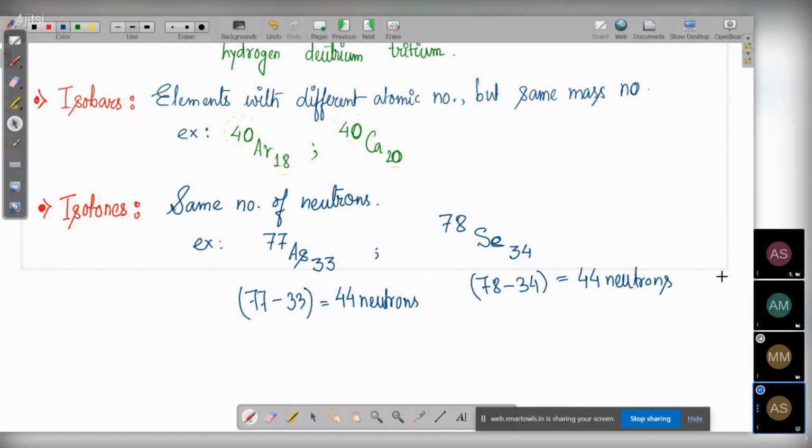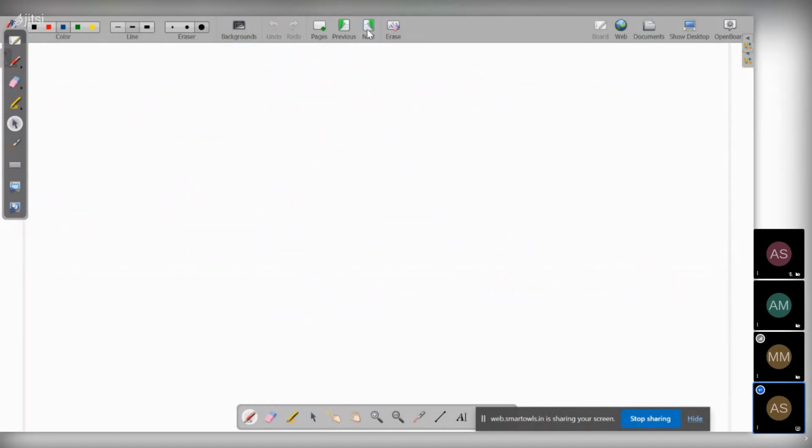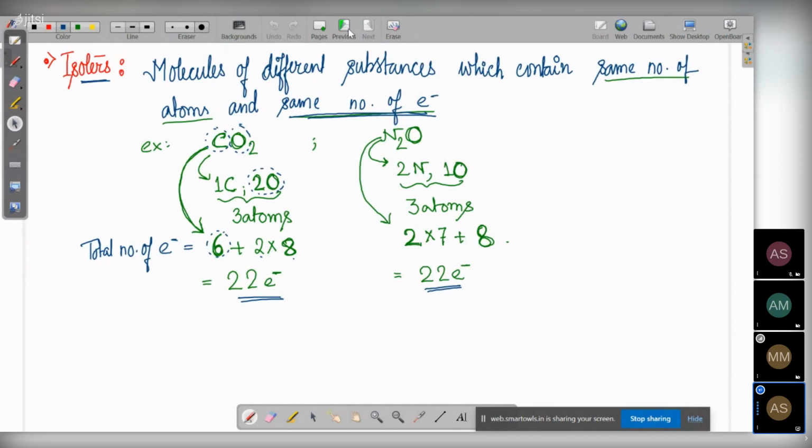Now let's see isoelectric species. What you need to do for the examination purpose is, more than remembering the example, you should be very clear about the definition. Because what they might do in exam is they will give you 4 options, and from the 4 options you need to select the isotone or the isobar.